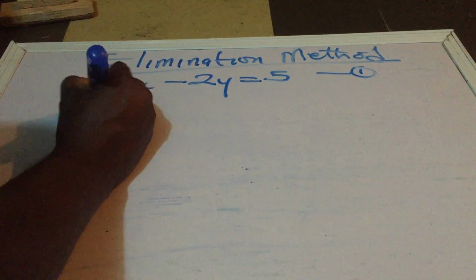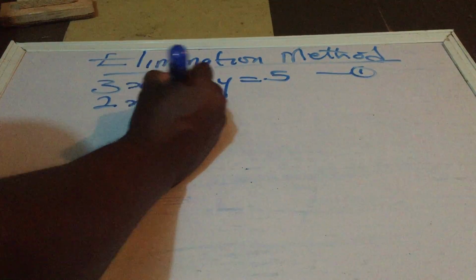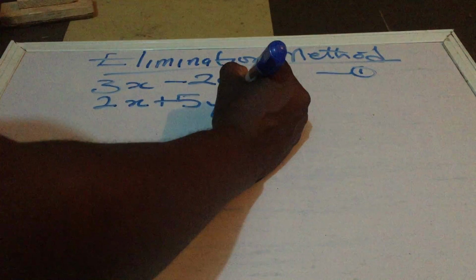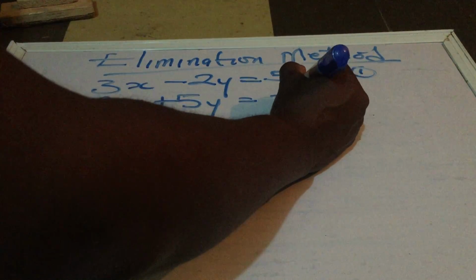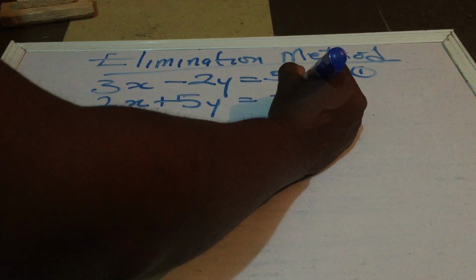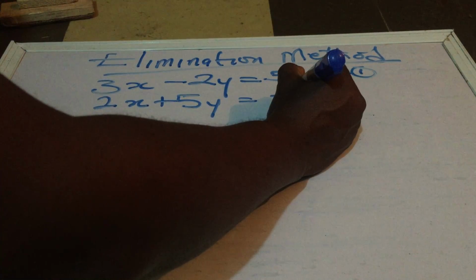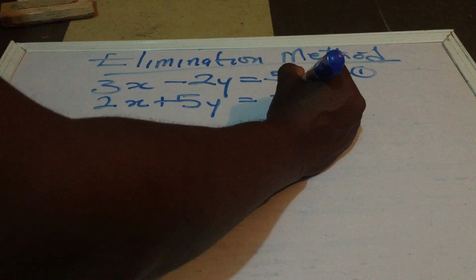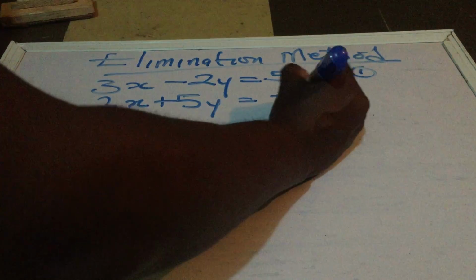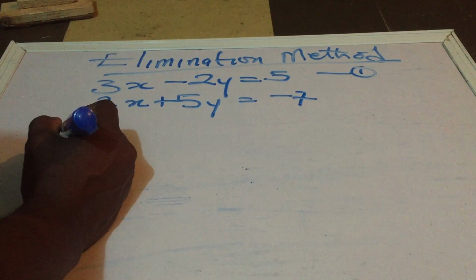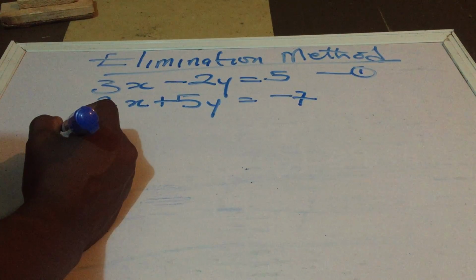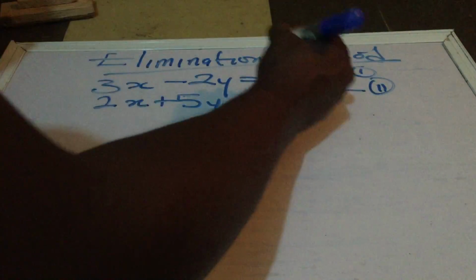And the second equation says 2x plus 5y is equal to minus 7. That's equation 2. Let's use the elimination method to solve this equation.